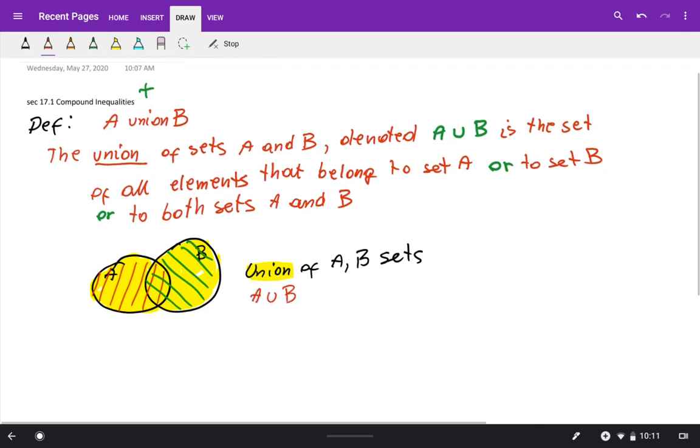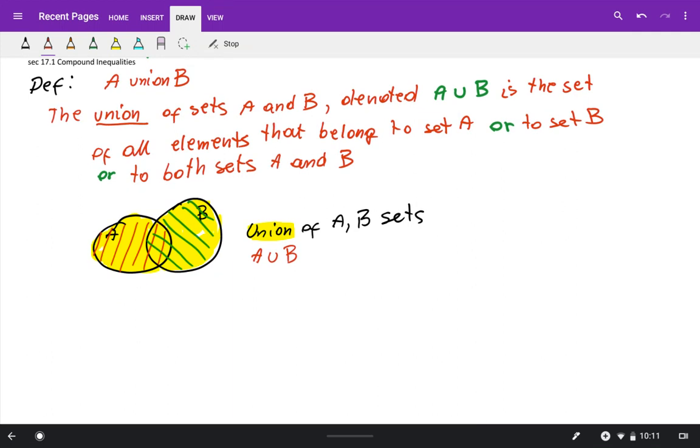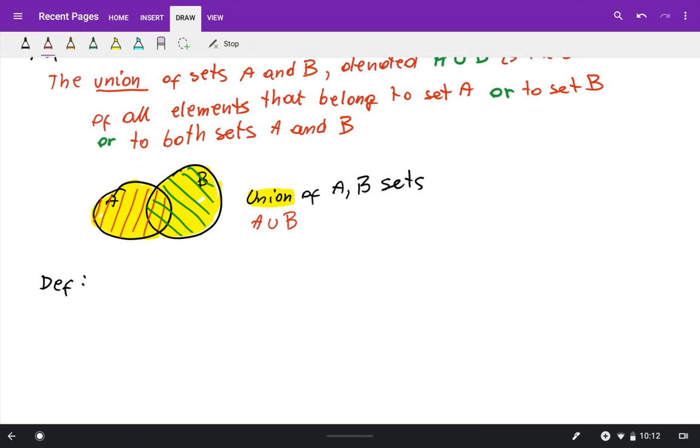Okay, that's union. Next we're going to talk about intersection.